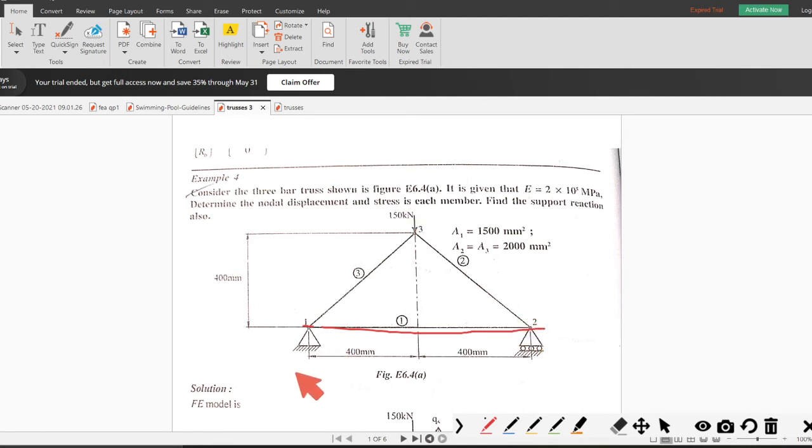Now, what is the coordinates here? 0, 0, sir. This one? 800, 0.